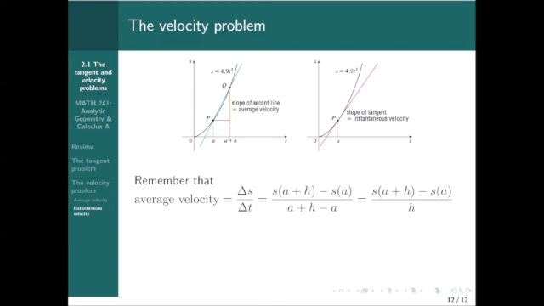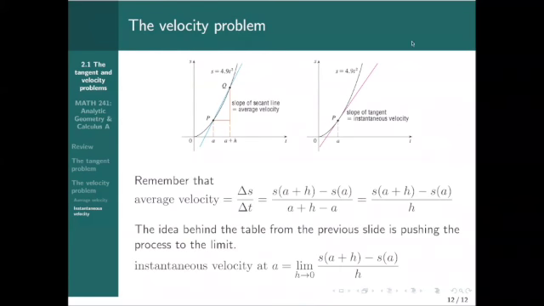Now, if we consider 2 points P and Q, where P has x coordinate equal to A and Q has x coordinate equal to A plus H, the average velocity is going to be given by the expression that we have in the slide, which can be simplified to S of A plus H minus S of A over H.